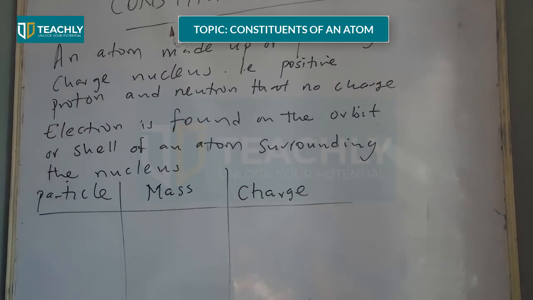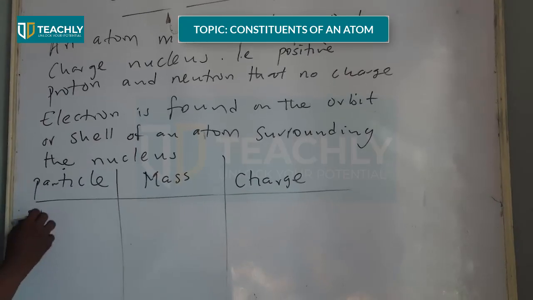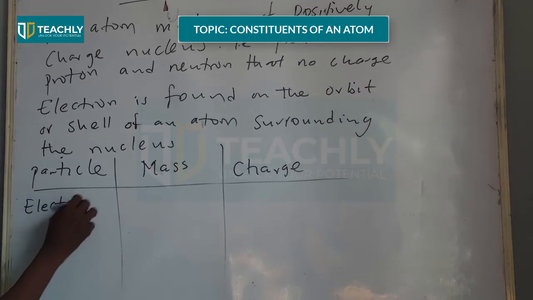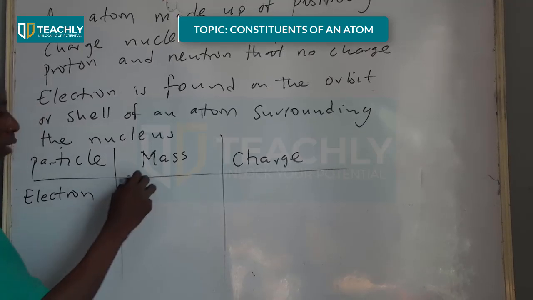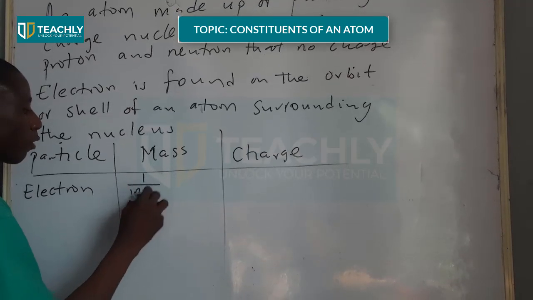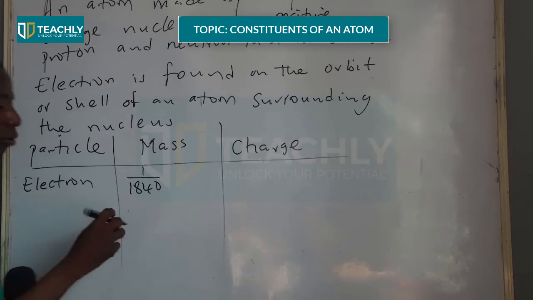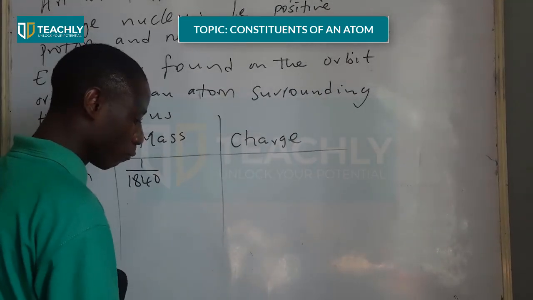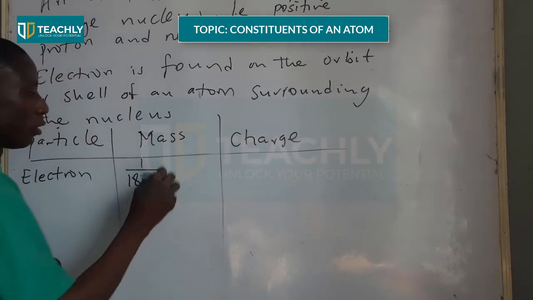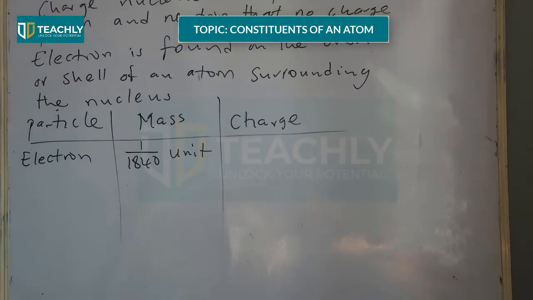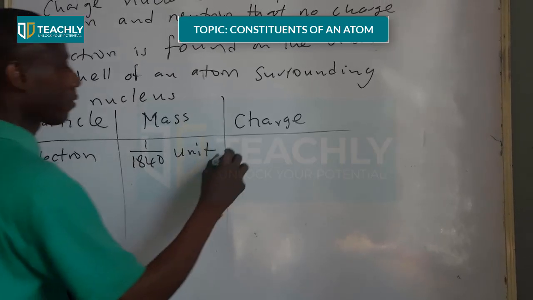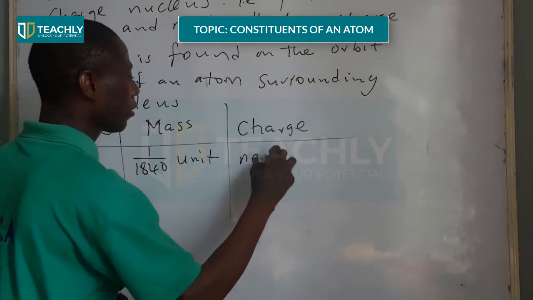Let's take the first one, which is electron. The mass of electron is 1/1840 of the mass of a proton, and its charge is negative.